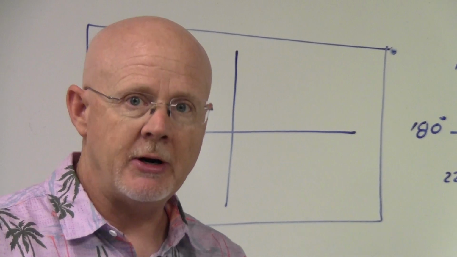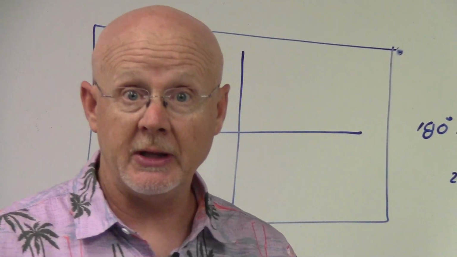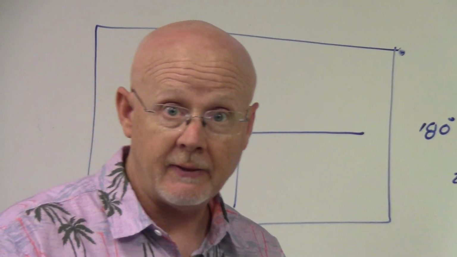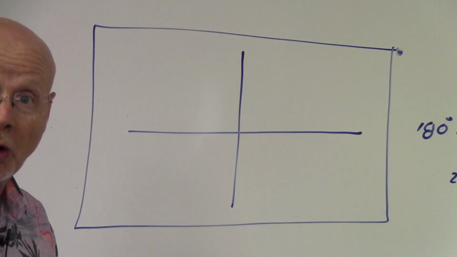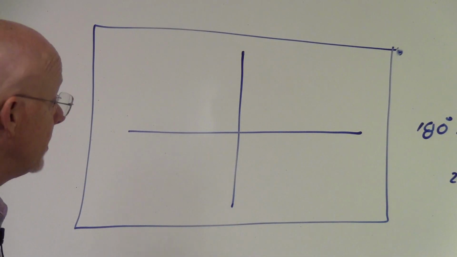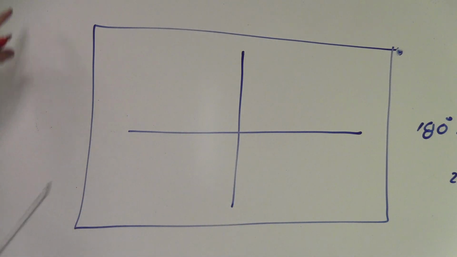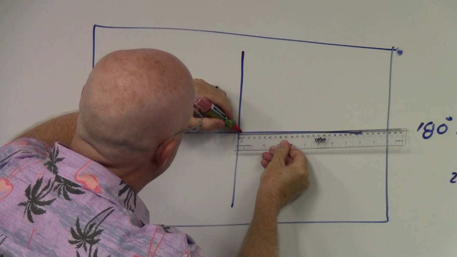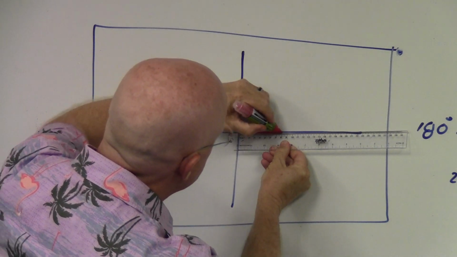But take some time here. I'm going to just kind of hand sketch it, so mine will be less than perfect. But the better you can get this, the more impressed you will be with your results here. All right. So again, to represent this first force, I would do this. I would make a line that is 10 centimeters long.